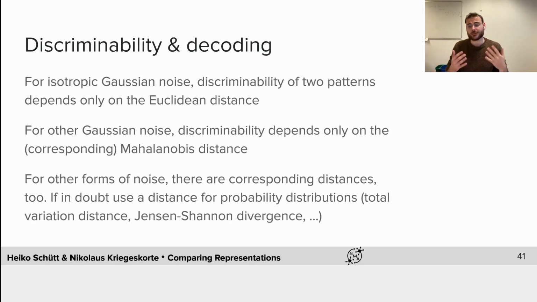And then if there are other forms of noise that are not Gaussian, you'll not end up with Euclidean distances or those Mahalanobis distances, but more complicated ones. But there is always one, because if in doubt, you can always use a distance between those probability distributions as your distance measure. And then you would always keep discriminability. So how similar two stimuli are gives you how well you can discriminate them based on a readout.